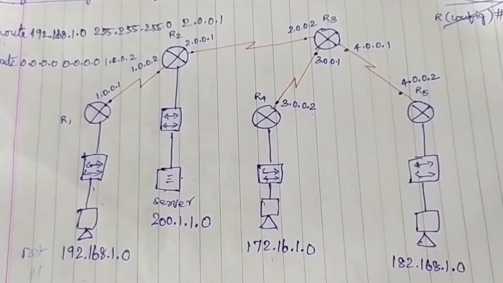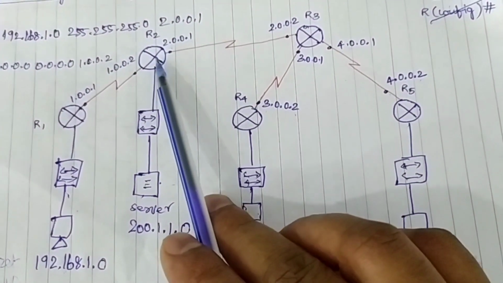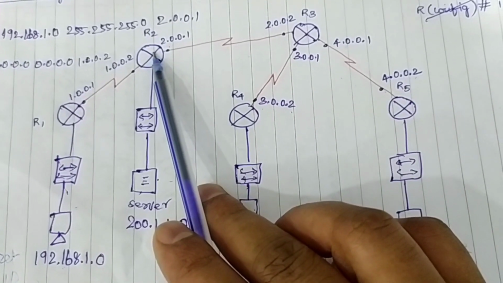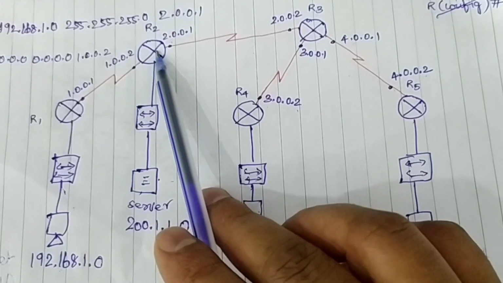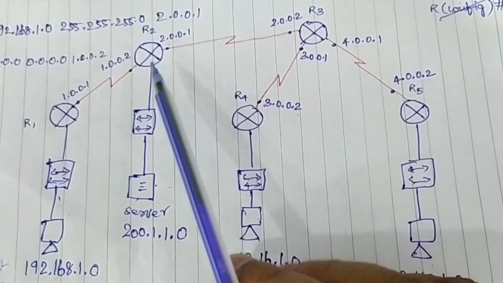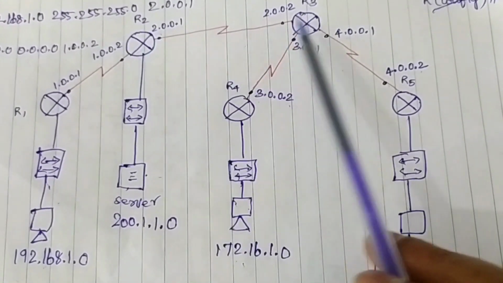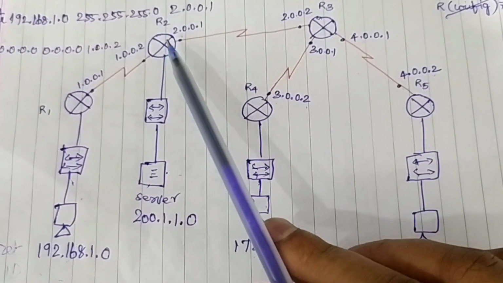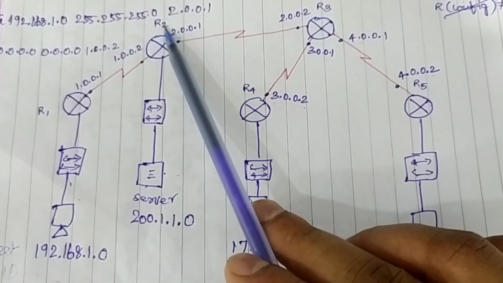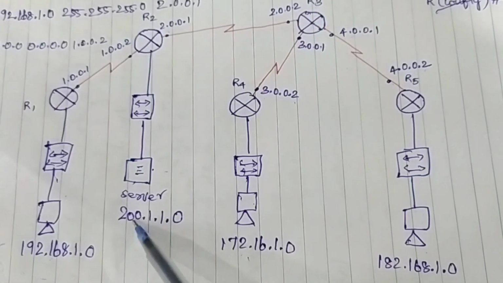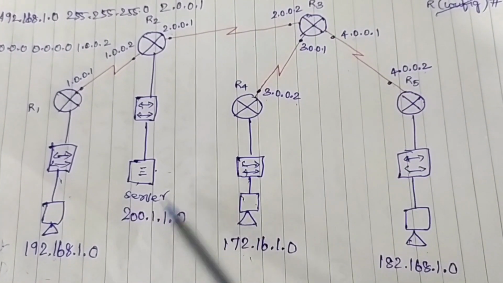So the next case we'll see. For example, suppose they ask you to do static routing on this R2, how will we do it? If they are asking you to do it on R2, then how will you do it? Which are the remote networks? First we have to calculate how many remote networks there are from R2. Under this R2, one network is connected, that is 200.1.1.0. This network is not a remote network.